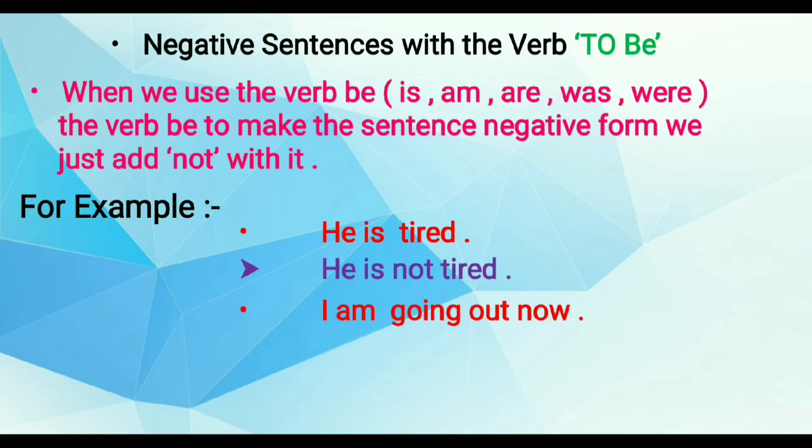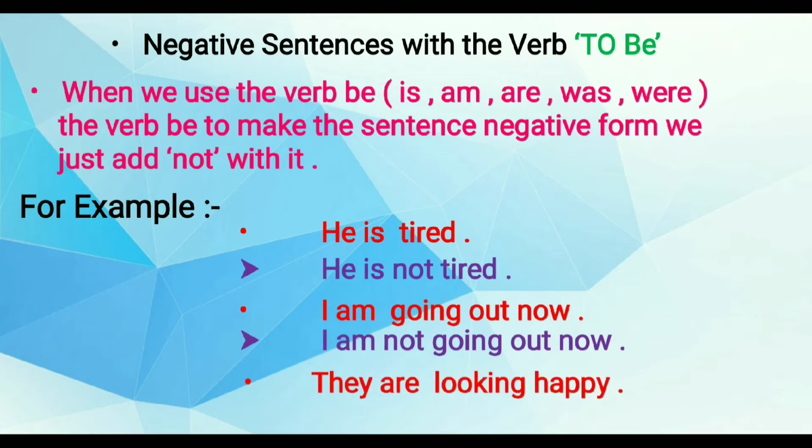Then what will be the answer? I am not going out now. Right? Next is they are looking happy. And we add not with are. So what will be the answer? They are not looking happy. So this is the formation of negative sentences with verb to be, right?